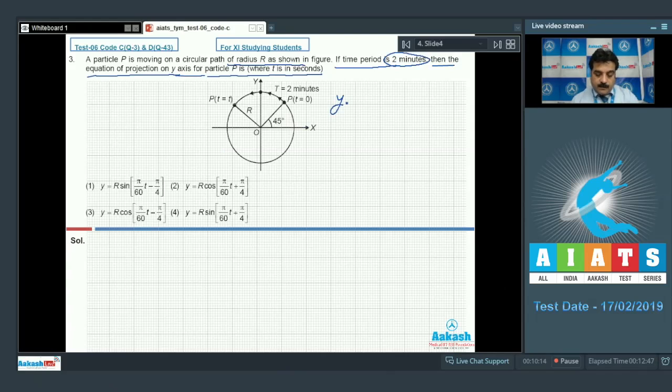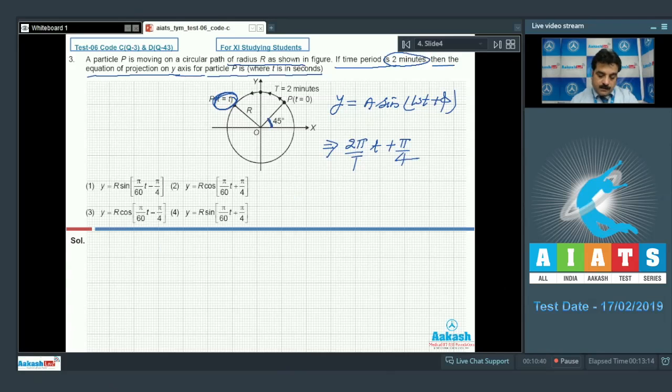Because I know the general equation of SHM, A sin omega t plus phi, right? The angle at the time t. If I go for time t and I am going to find the angle at time t, we'll write 2 pi upon T into t plus pi by 4.